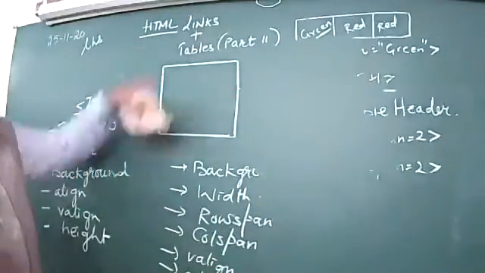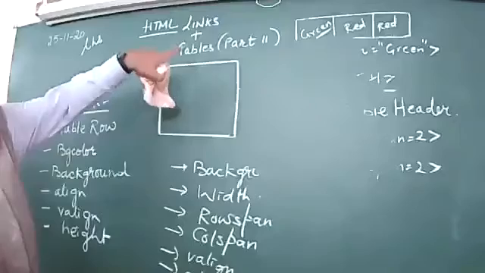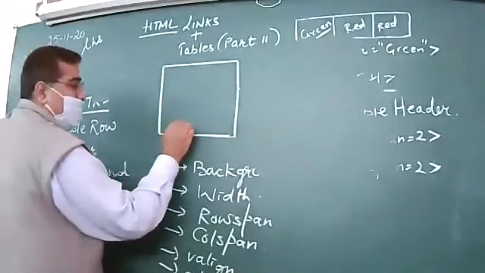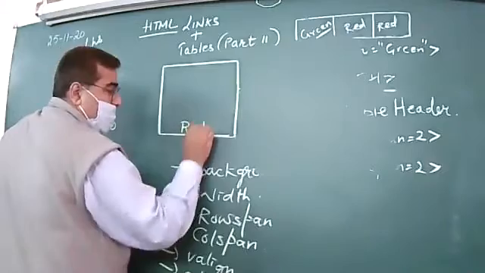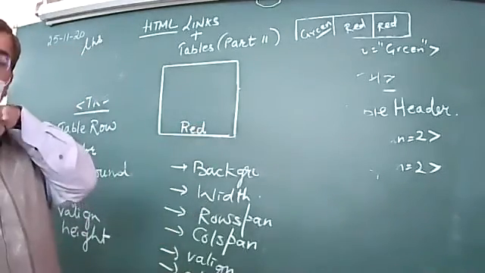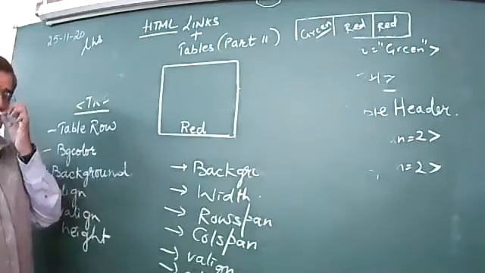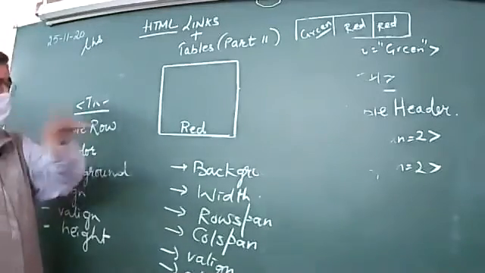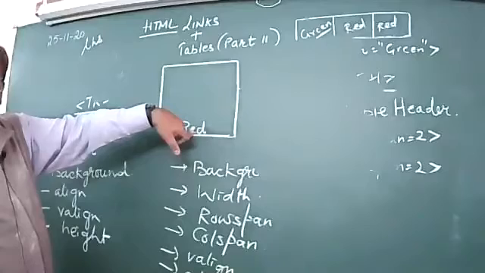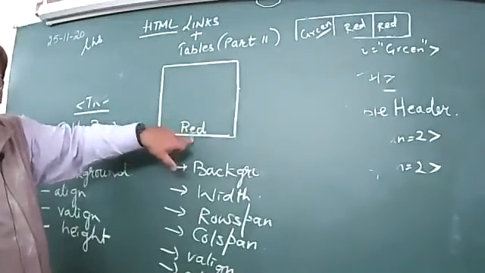Treat it as one cell. And the data is at the bottom, but in the center. There are two aspects. One, the data is at the bottom. Second, it is in the center.